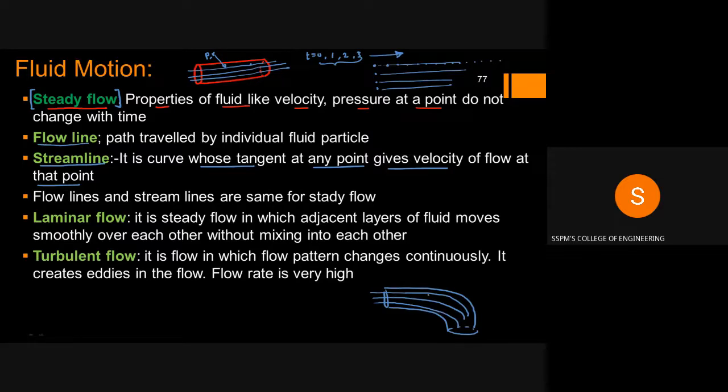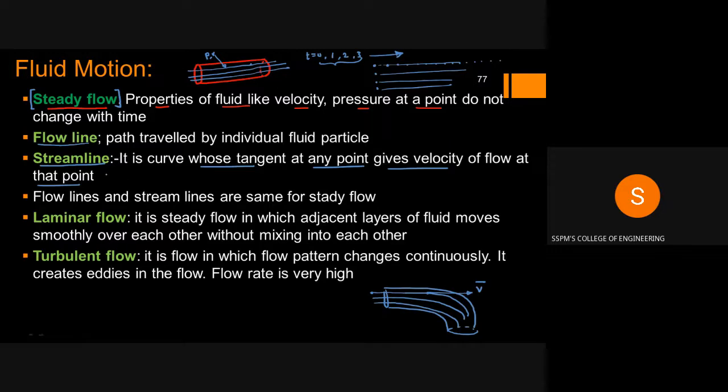So these are the streamlines. That means the fluid particle travels along this path. And if I select any one point and draw the tangent, this tangent will give the velocity direction at this point.